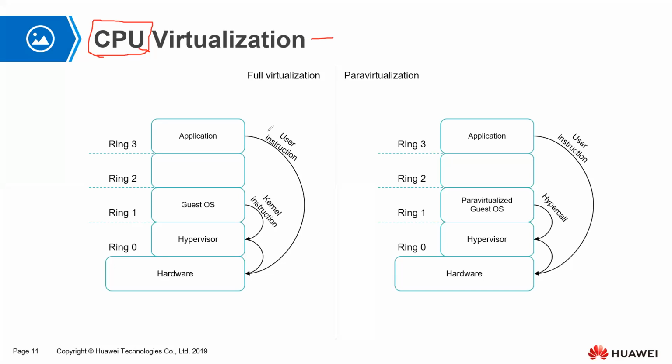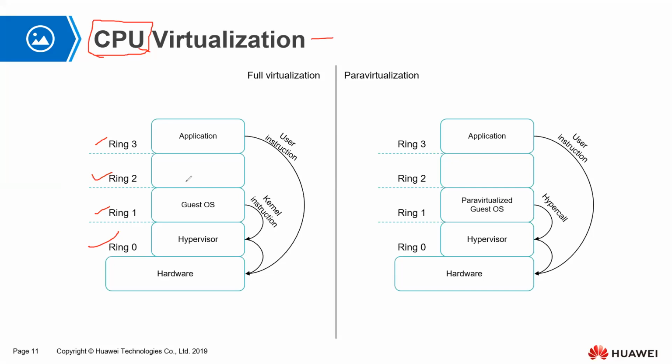We have what we call the protection rings: ring 3, ring 2, ring 1, and ring 0. Sometimes we refer to them as the hierarchical protection domains of the CPU, and these are put in place for security purposes. So there are 4 rings, ring 0, ring 1, ring 2, and ring 3, which is a hierarchical control from the most to the least privileges.